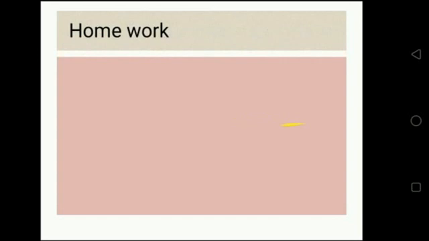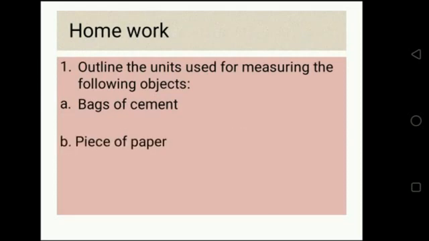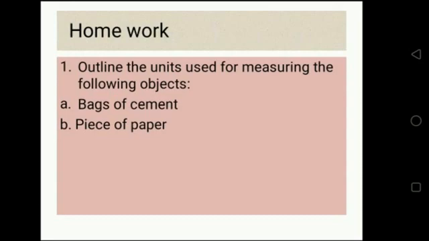Now homework. Outline the unit used for measuring the following objects. You are going to write out the units used for measuring the following objects. One, bags of cement. What is the unit that you are going to use for measuring the bags of cement? Piece of paper. What is the unit you are going to use after taking the measurement of a piece of paper? You are going to state it.